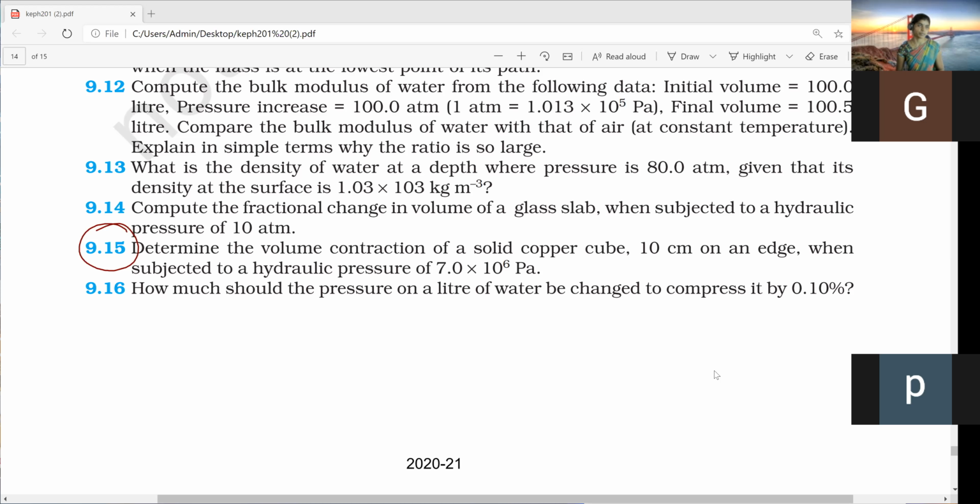So either way, they will definitely ask for 2 or 3 marks. They will not ask for 5 marks. Suppose they are going to ask for 5 marks, then similar kinds of problems they will club and ask the question. So like this problem they will ask for 2 or 3 marks.